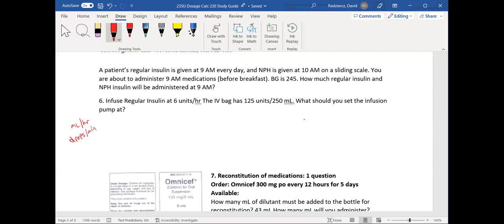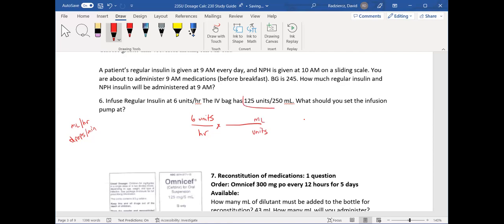So usually students will start off with, what is my initial rate, 6 units per hour. And then we're going to convert the units per hour to milliliters per hour, by eliminating units and converting to milliliters.